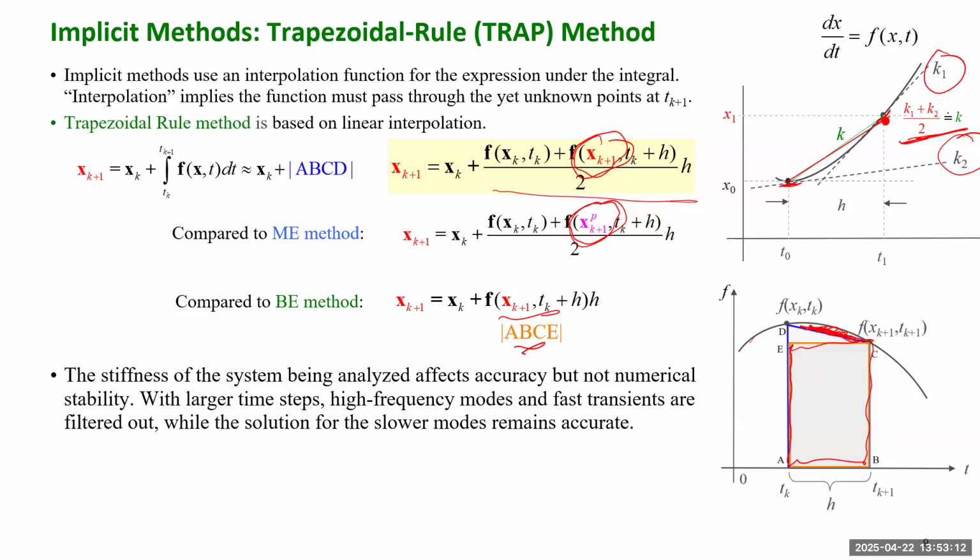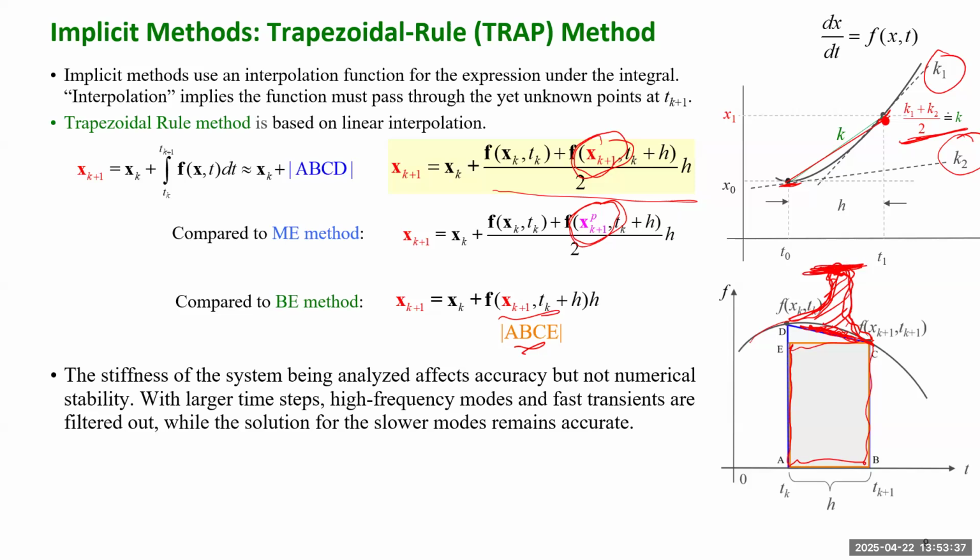For example, if this curve is not that smooth, it will have a suddenly increased value. So this part will be missed. And this point indicates the fastest dynamic over this time window. But using the trapezoid rule method or backward Euler method, you would not be able to know this fast dynamic.